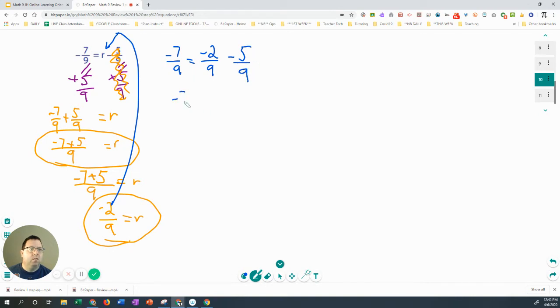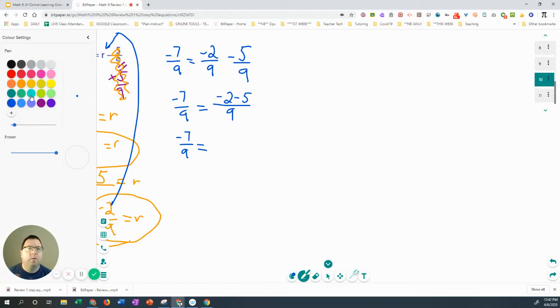Let's simplify this on the right. We can write out one common denominator, and we have negative 2 subtract 5. Again, this is integer rules. I'm just going to deal with that numerator over here.